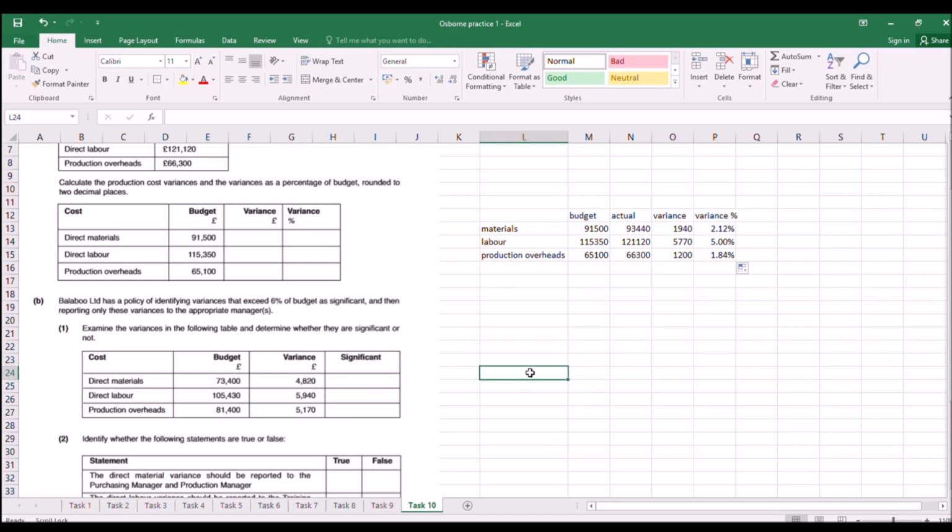So we're going to just do budget and our variance and the percentage, and then the significant. So we go 73,400 and 4820.